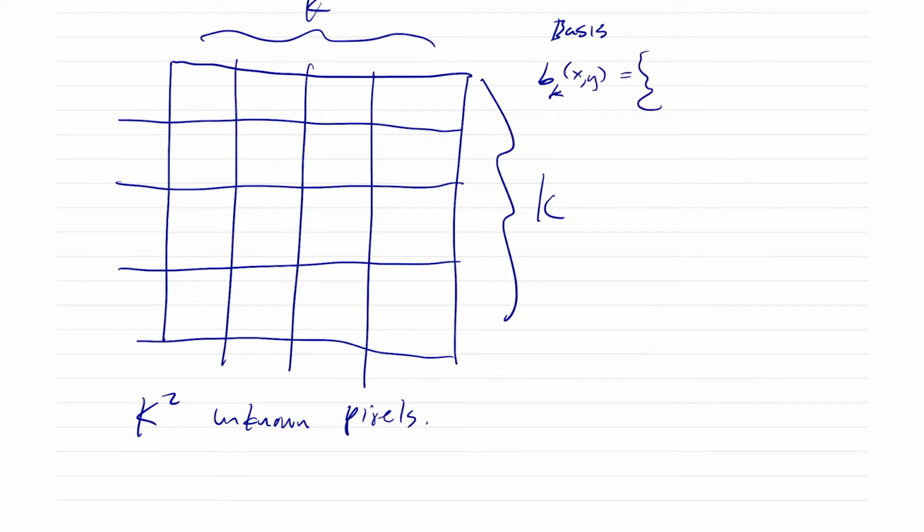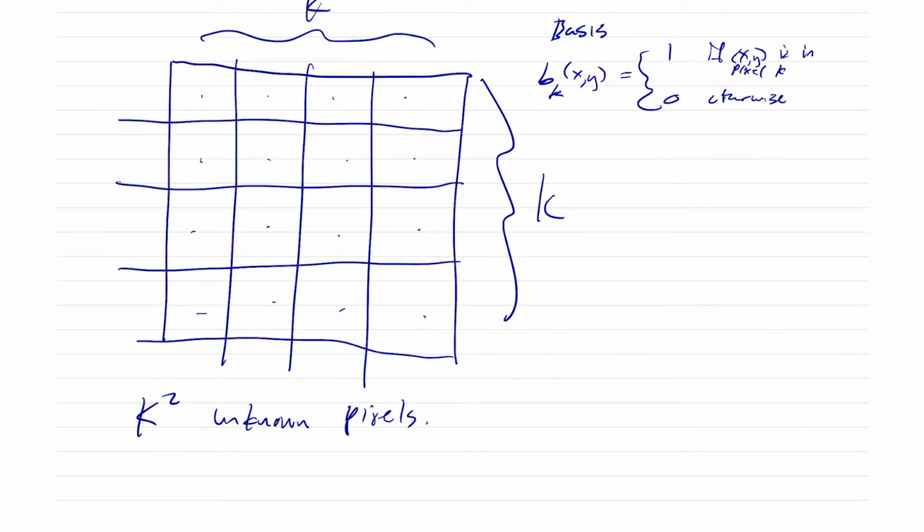equal to 1 if xy is in pixel k and 0 otherwise. Basically the idea is that we will order these in sequence, so it would be 1 2 3 4 5 6 7 8 9 10 11 12 13 14 15 16, like that.